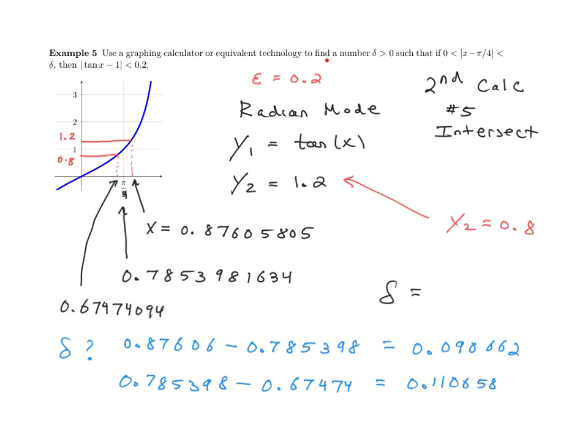And since we're asked just to find a number that works, I'm going to take this number and round it to 4 places, but I'm going to round down. So I'll do 0.0906. And if I'm that distance around pi over 4, then all of these x values will be a distance of 0.2 around 1.